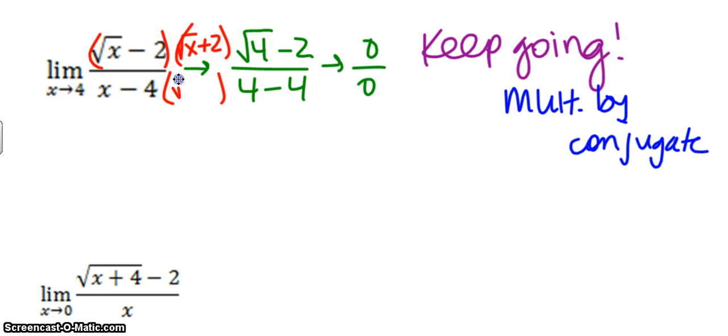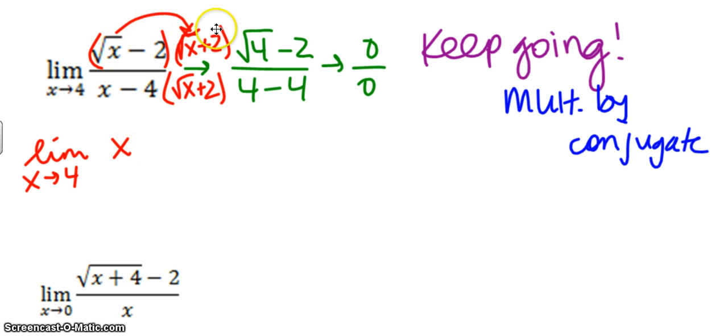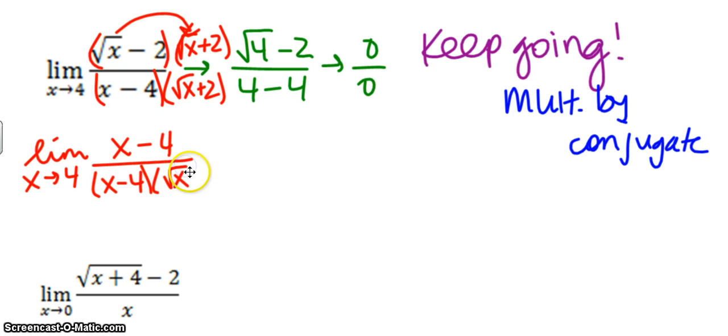If I do that in the numerator, I have to do that in the denominator. Foiling this out, I'm going to get the limit as x goes to 4. Yes, you should write that as you go. Square root of x times the square root of x is just x, plus 2 root x minus 2 root x, those drop out, minus 4, all over, well, I'm just going to leave this as x minus 4, square root of x plus 2.